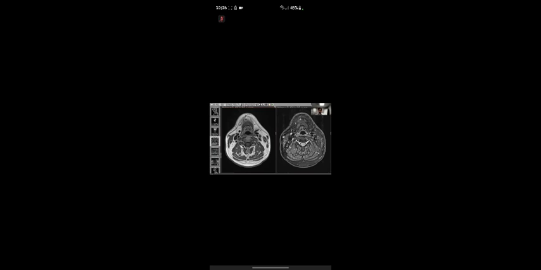Now, if you see here, this is that paraglottic fat, which you can, if I go back up here, so this is, if you see the paraglottic fat in continuity with the pre-epiglottic fat, and it shows signal dropout on this STIR sequence.